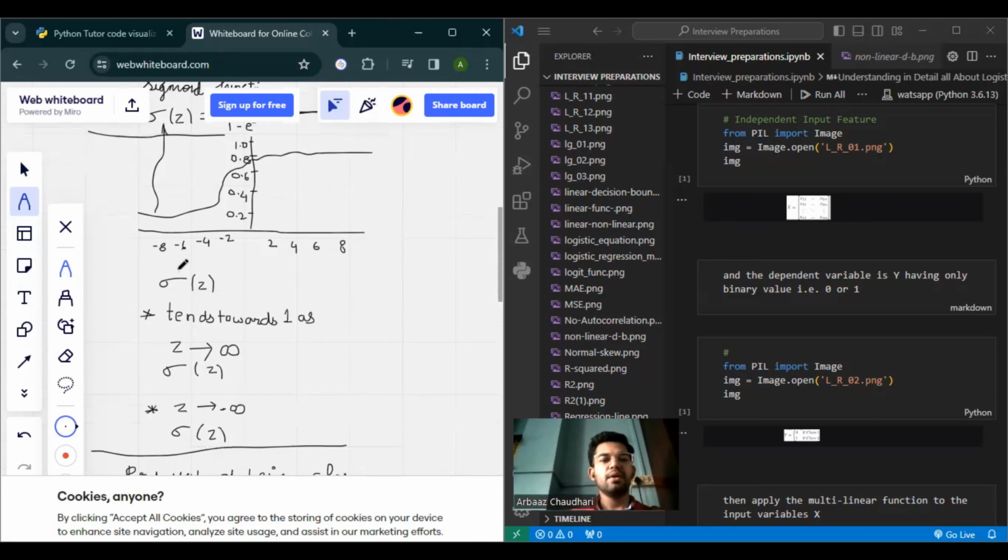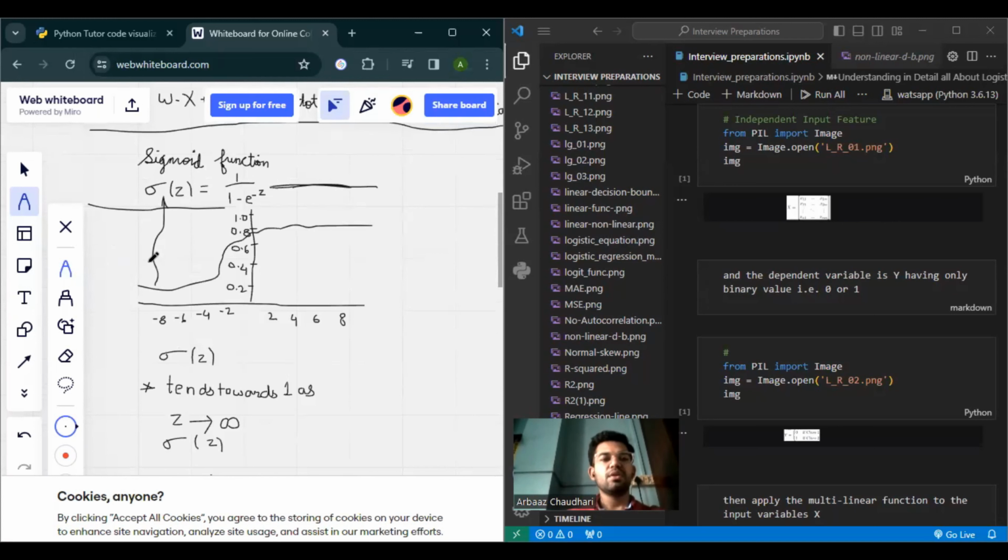And when z is equal to minus infinity, the data point could be lying over here.